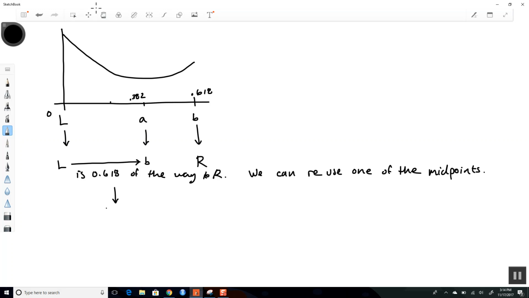We can reuse one of the midpoints and we just have to find the new A. Now I've got a new L, an A, a B, and an R.